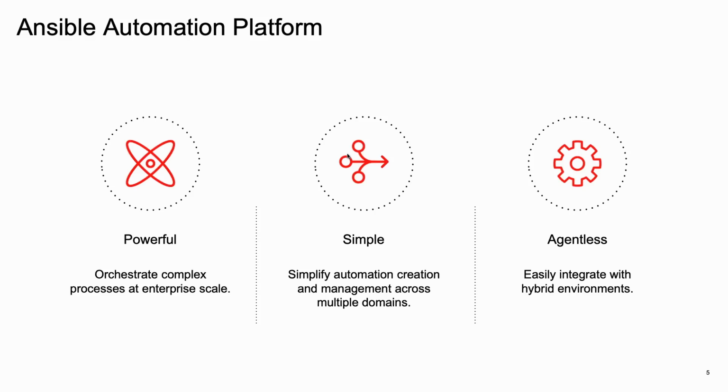And it's very simple across the board and able to manage across multiple domains. One of the key things is it's actually agentless. So it's really easy to integrate with different environments, right? Especially when we're talking about hybrid cloud environments where you have different application infrastructure behind the scenes. So Ansible is a natural fit, and that's why it's very popular.